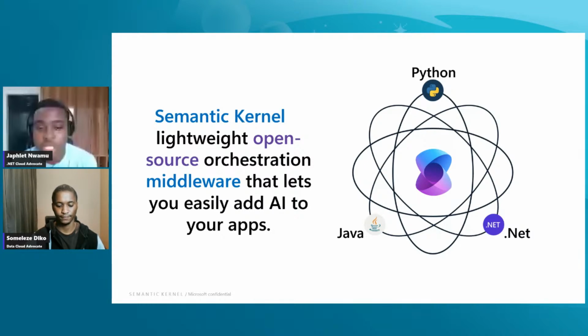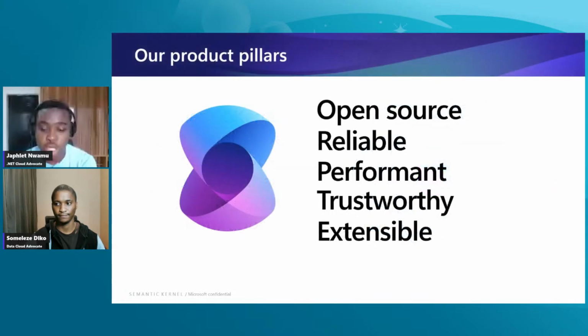And don't forget, you can utilize it whether you are programming with Python, Java, or .NET. That way, no matter what your customers use for their core platforms, they can really get started using Semantic Kernel. The core pillar of this amazing solution is that it is open source.